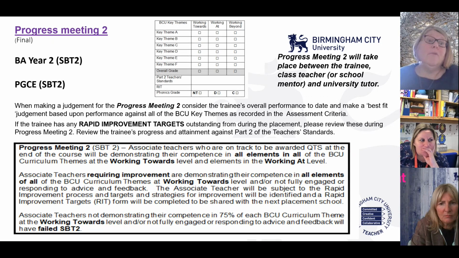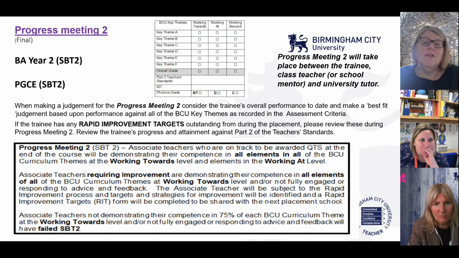Then obviously we're working towards progress meeting 2, which takes place at the end of that school-based training. So again, this is now making the judgment of their overall performance and making a best fit judgment against those key themes.